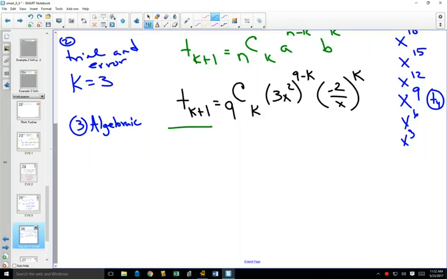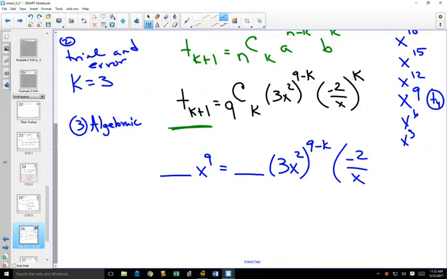So I know that this equals something x to the 9. I don't know what k is, so 9 choose k is going to be something. I'm going to have 3x squared to the 9 minus k here, and I'm going to have negative 2 over x to the k here.